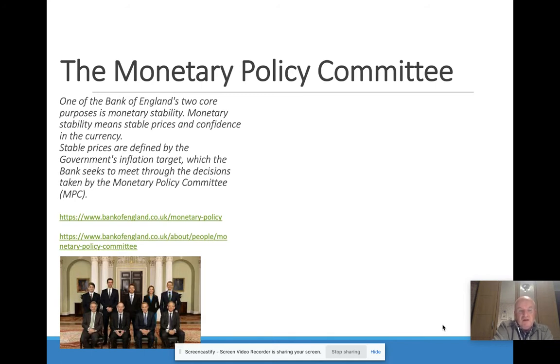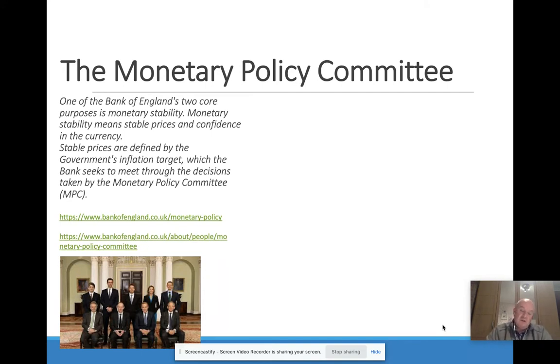So if we can get a stable monetary situation, that means we've got stable prices, and that's going to give confidence both to our currency, and exchange rates should actually then improve in our favour. But in this instance, obviously, the way in which the money supply is managed can have an influence both on stable prices and also on consumer and business confidence.